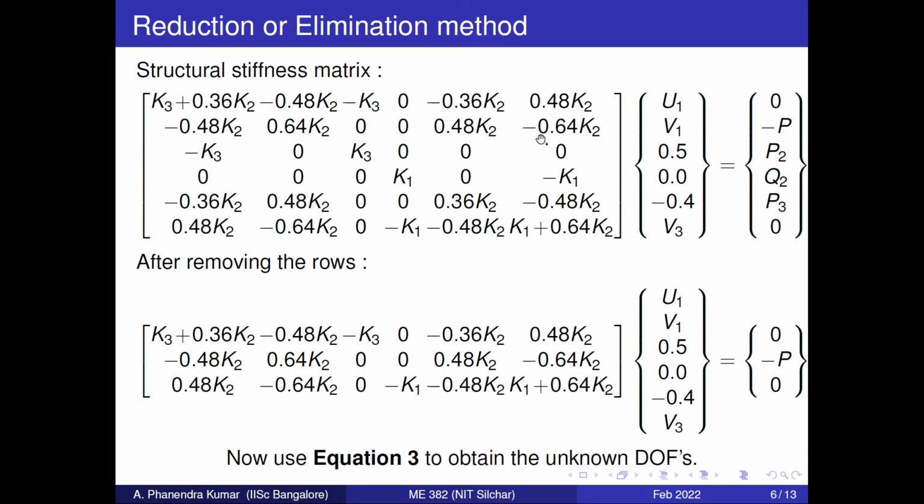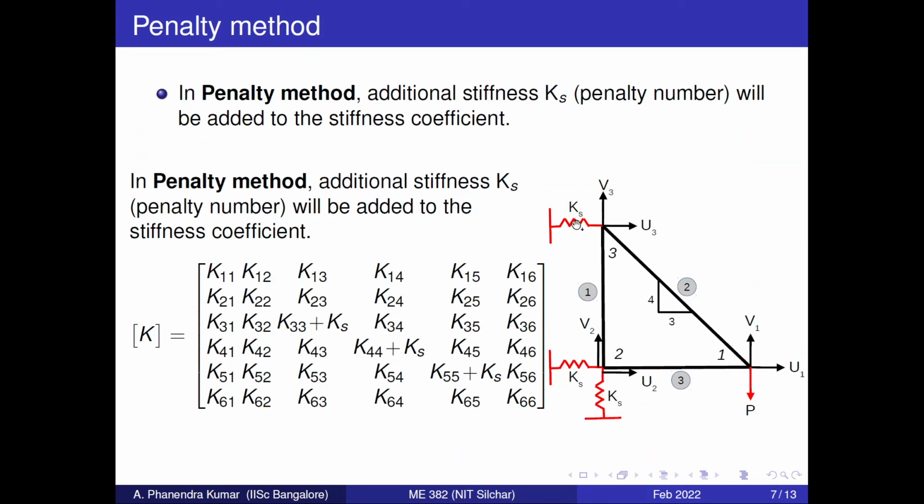In a similar way, we will obtain the final structural stiffness matrix. Then in addition, we need to add Ks terms wherever the displacement is prescribed. So here this part is prescribed, right? So u3 term. Only in the diagonals are we going to get these Ks terms. Always we are going to get the Ks terms only in the diagonals.